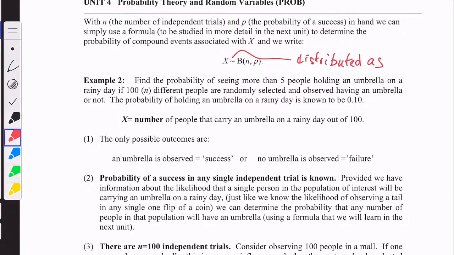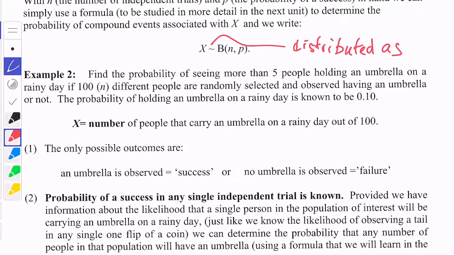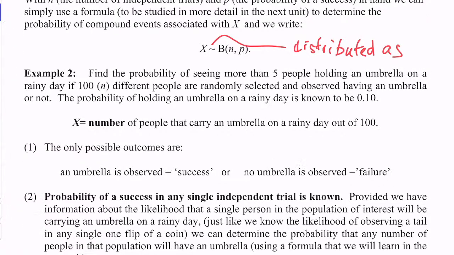As binomial with, what are these? These are parameters. We call these parameters. They're the characteristics of the variable that help determine the pattern for the variable, or the probability distribution, which we can use for estimation and making predictions about possible outcomes.